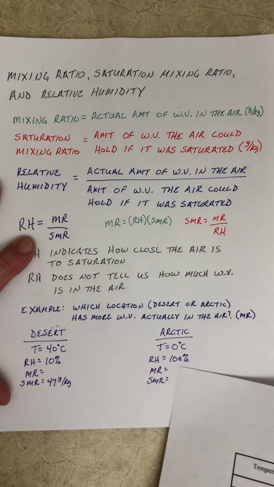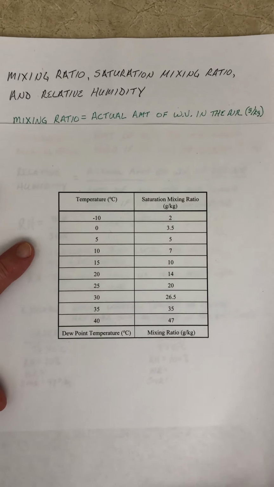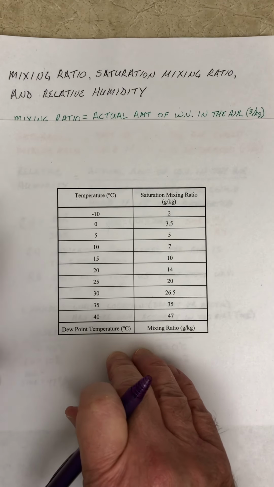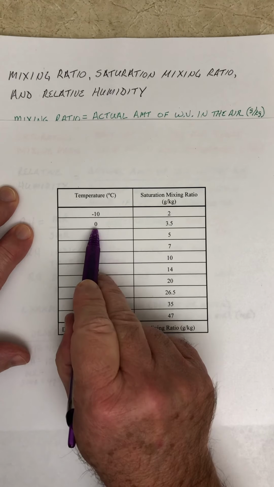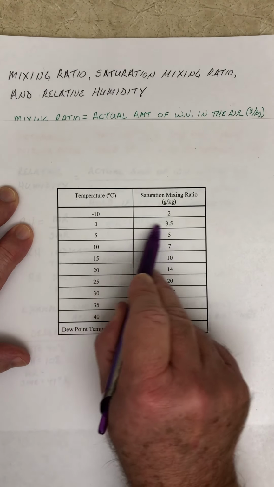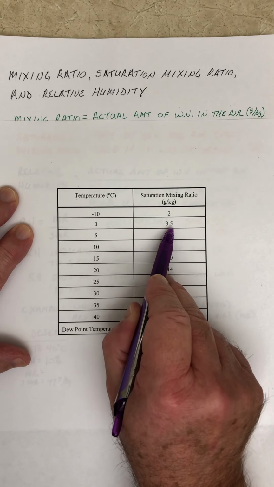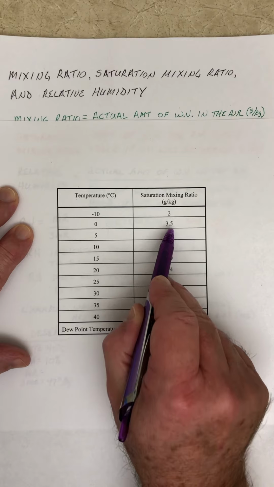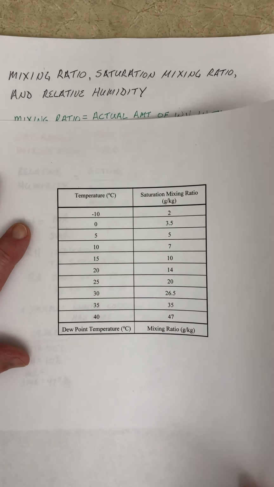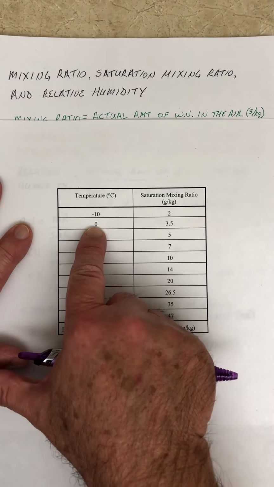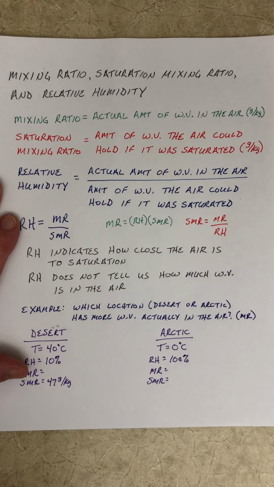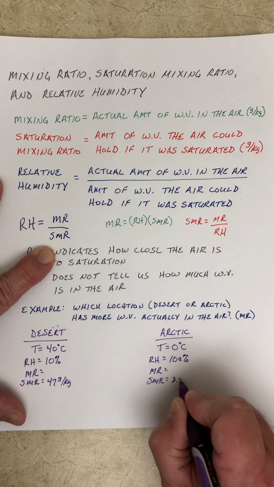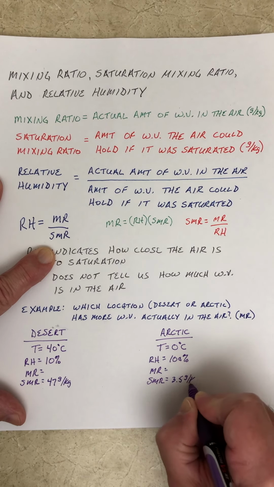In the Arctic, the temperature is 0 degrees C. So again, we use the saturation mixing ratio table. All we do is read across, and the saturation mixing ratio is 3.5 grams per kilogram. That's as much water vapor as the air can hold at that temperature.